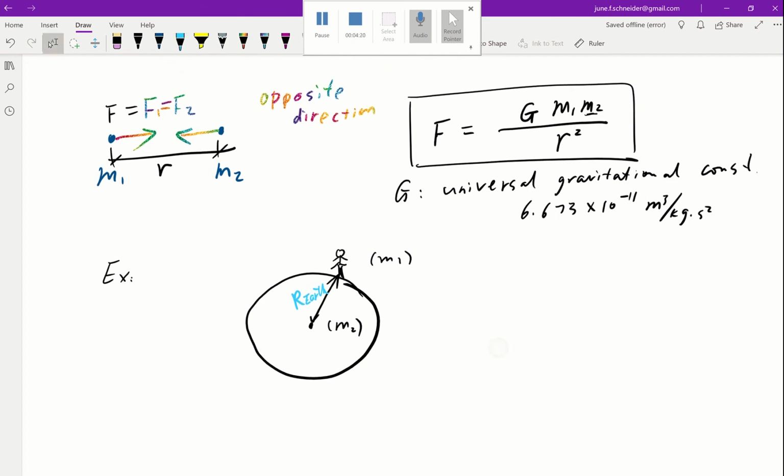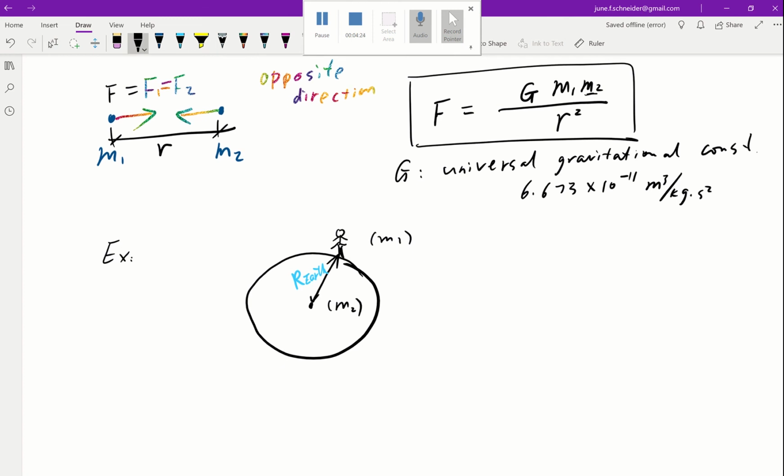Right? Then let's figure out that attraction, that force, how much that is equal to. So we're going to use this formula. F is equal to G. G is 6.673 times 10 to the negative 11. And then M1, that's going to be us, you standing on Earth. And M2 is going to be the Earth.